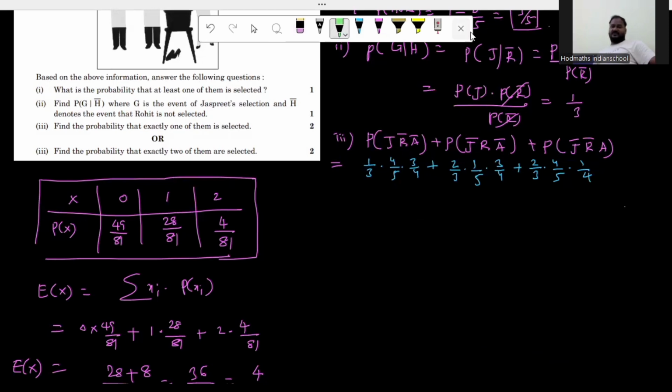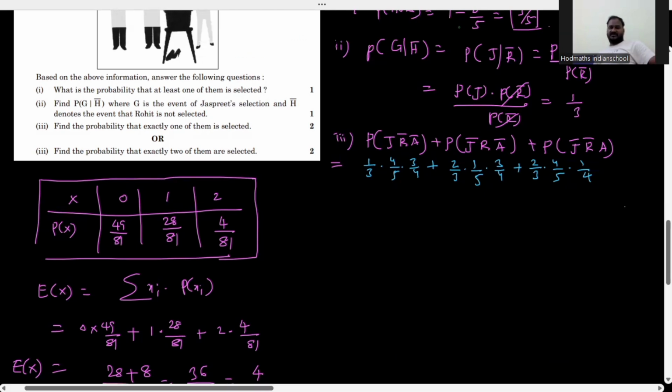So that is why I just multiply the numerators. 1 into 4 into 3 is 12 divided by 5 4s are 20, 3s are 60, plus 2 3s are 6 divided by 60, as well as 2 4s are 8 divided by 60. So totally how much is this? 12 plus 8 equal to 20 plus 6 is 26 divided by 60. 26 by 60 is, 2 13s are 26 and 2 30s are 60. So 13 by 30 is the probability that exactly one of them is selected.